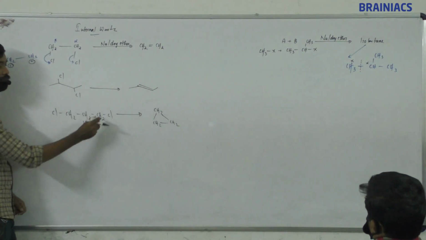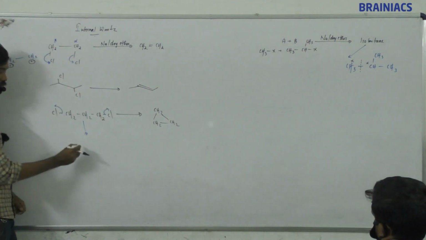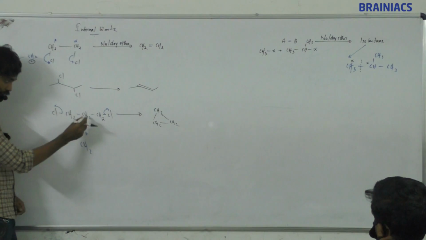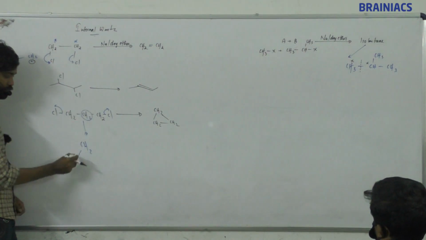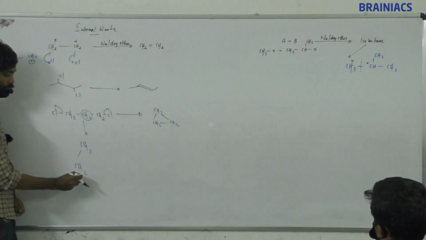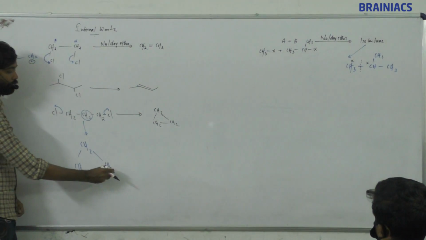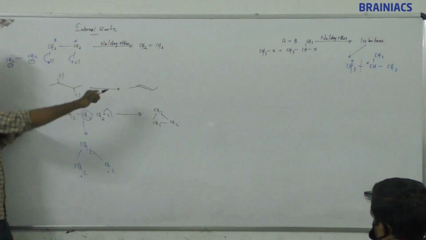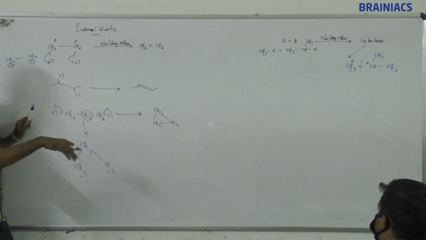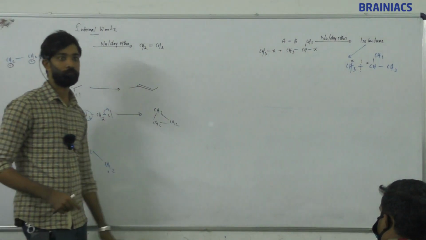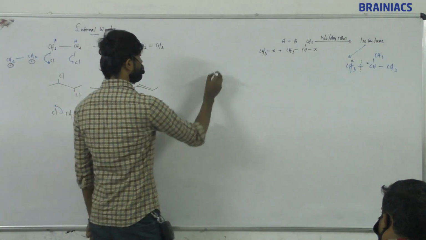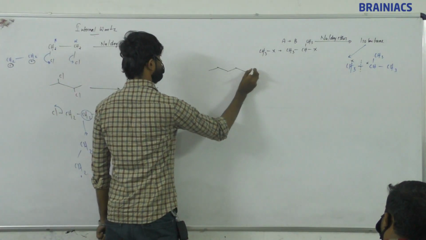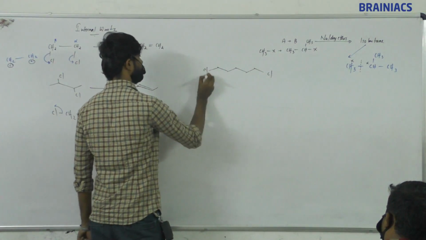What about the free radical formed? This is cleaved. The free radical is a CH2 free radical. They combine to form cyclopropane. If they are in a relative terminal position, there may be a chance for a ring. Okay, is it okay? Like this.